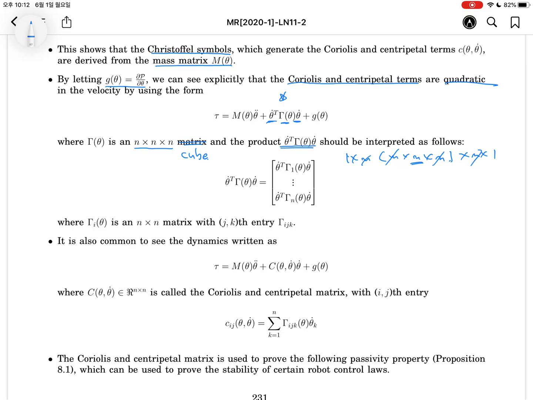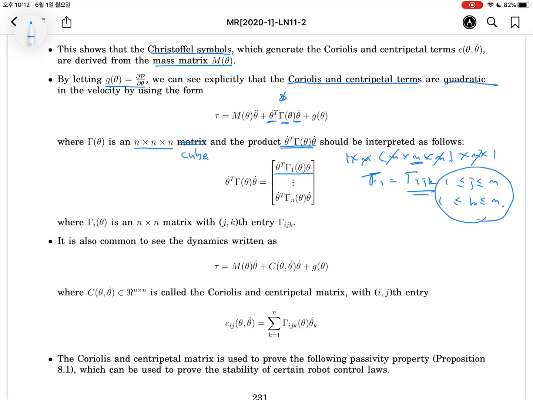So the n-dimensional vector will appear as a column. Actually, the first element will be theta dot transpose gamma 1, where gamma 1 is gamma 1 jk, with j chosen from 1 through n and k chosen from 1 through n.